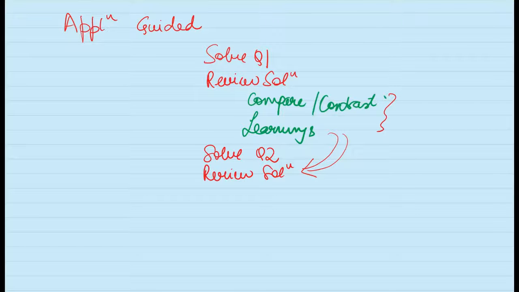And the more critical you are in reviewing the solution, the more good learnings you will have from this exercise, and the more diligent you are in applying these learnings onto the following questions, the more your skill set will improve.